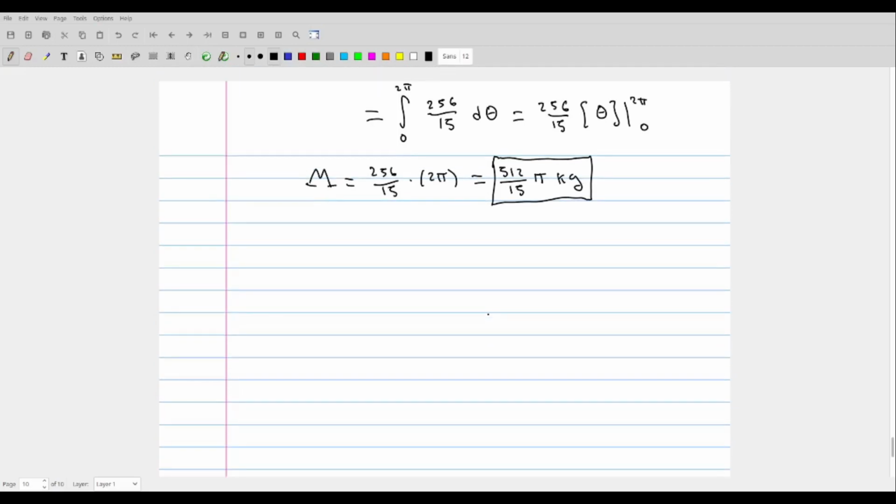Now, it's important to emphasize that all of the other physical properties can be calculated like this.